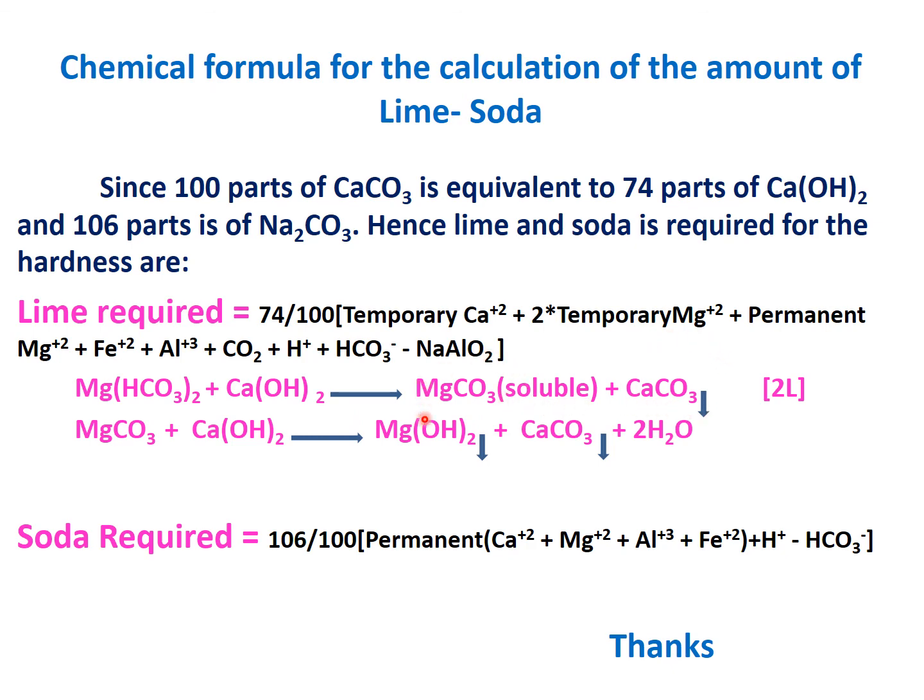So this is a new temporary hardness causing salt, which we also have to remove. To remove this, we again have to add 1 more mole of lime, and it will convert into the corresponding magnesium hydroxide, calcium carbonate and H2O. That's why here we are multiplying by 2.